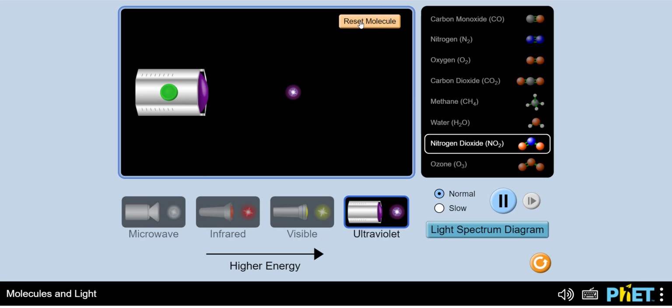So I'm going to reset that so you can see that again. And as you're writing this, pay close attention to specifically what's happening in terms of the molecule itself.